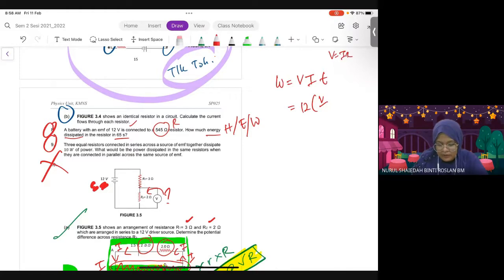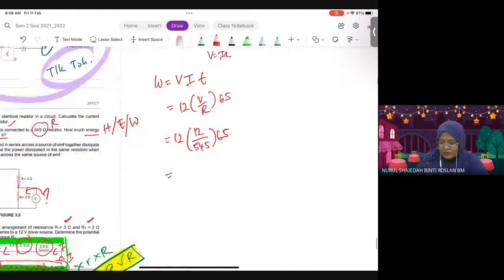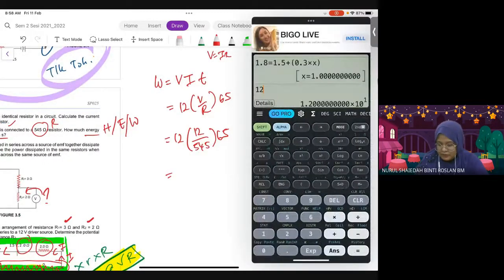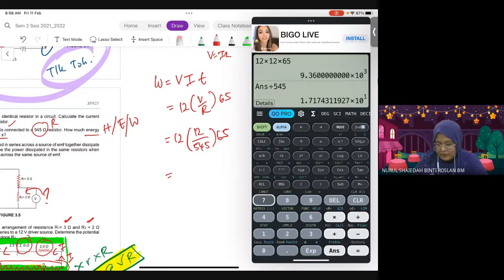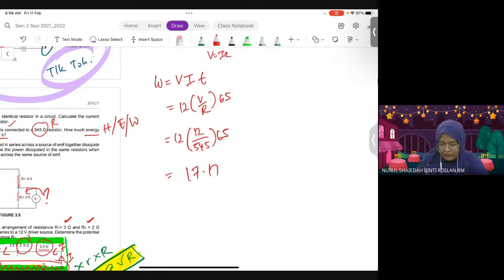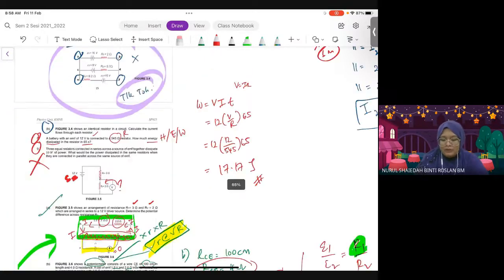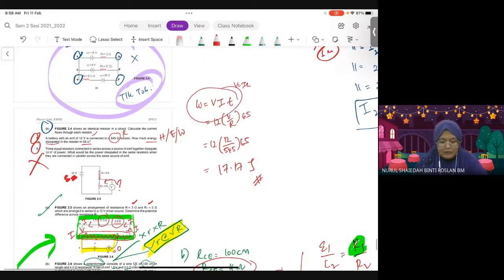So W sama dengan V squared over R T, 65. 12 darab 12 darab 65 bahagi 5, 17.17 unit joule. Formula ni pun ada dekat atas, tak perlu risau.